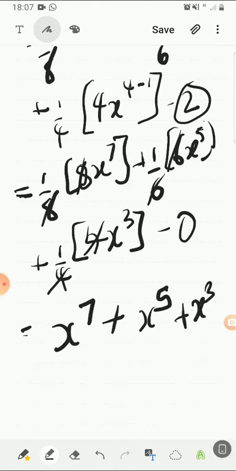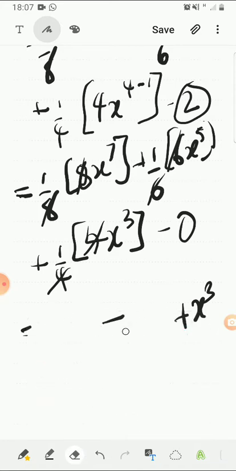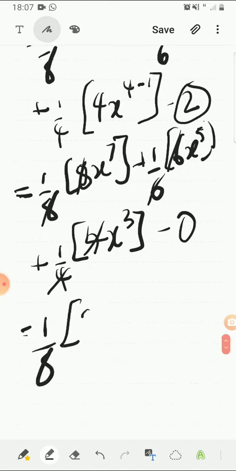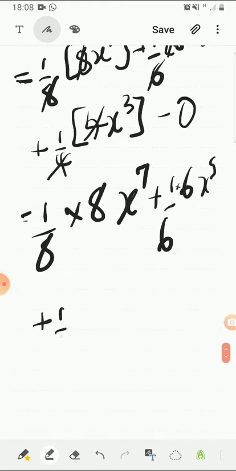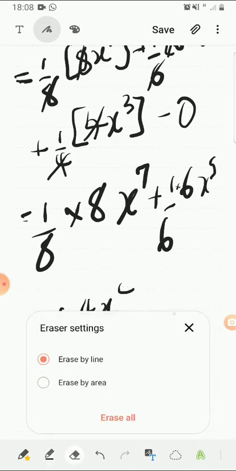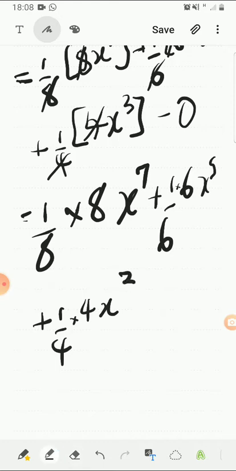Alright, let me explain that again. So from what you have up there, 1 over 8 times what? 8 x raised to the power of 7, plus 1 over 6 times what? 6 x raised to the power of 5, then plus 1 over 4 times what? 4 x raised to the power of 3. So 8 cancels 8, 6 cancels 6, 4 cancels 4.